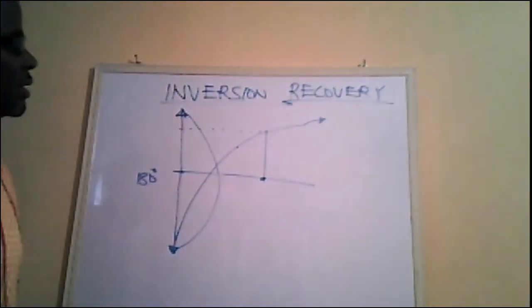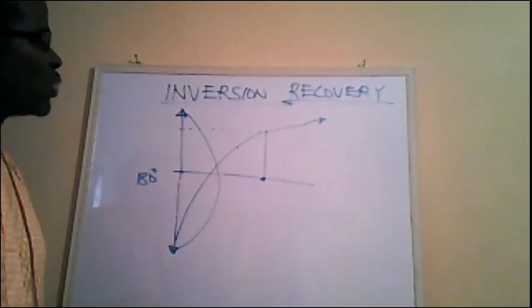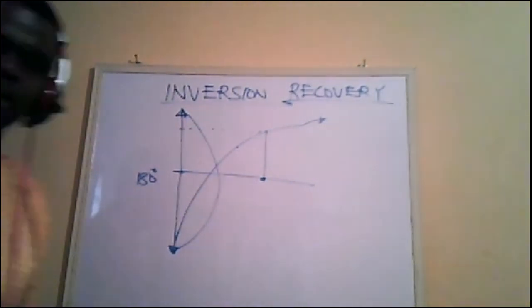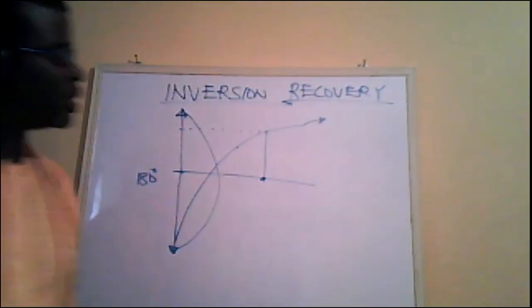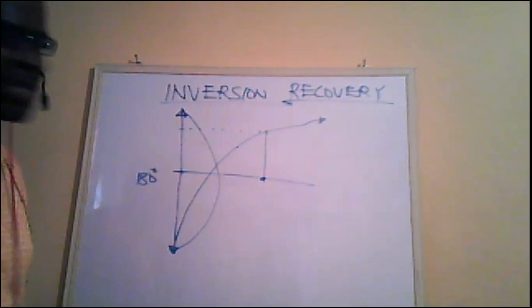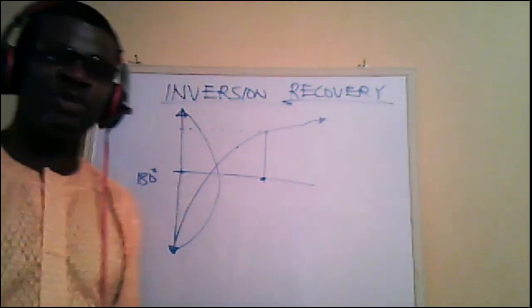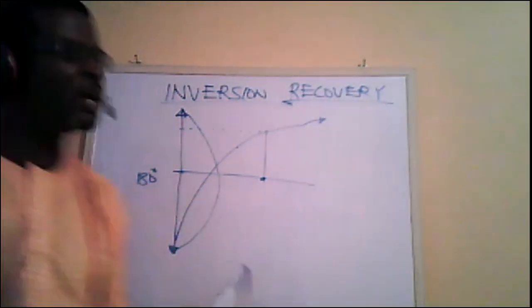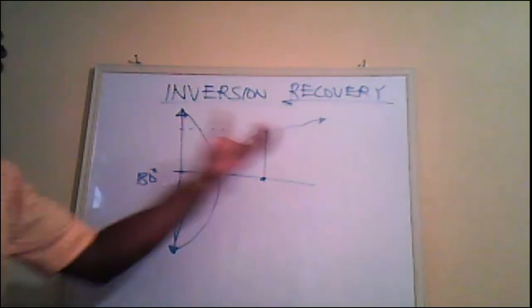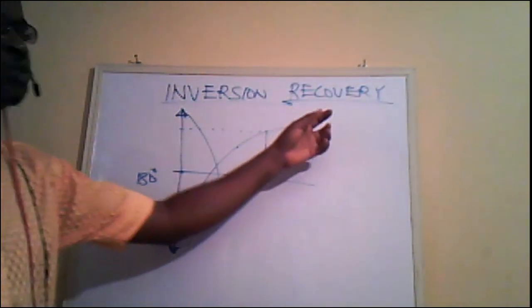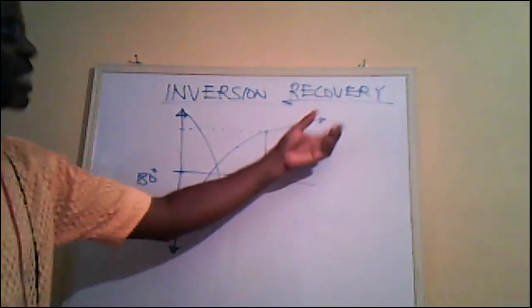But we might want to ask why. In MRI, in fact in all imaging procedures, we are interested in having a very good contrast, a very high contrast between tissues. So why would we want to make do with a lesser signal?